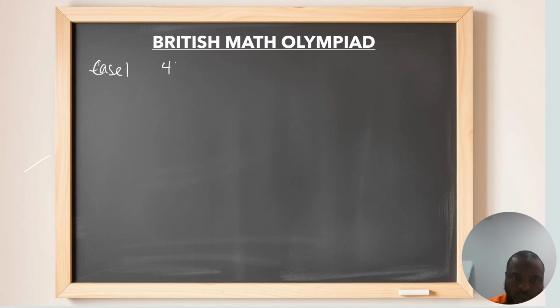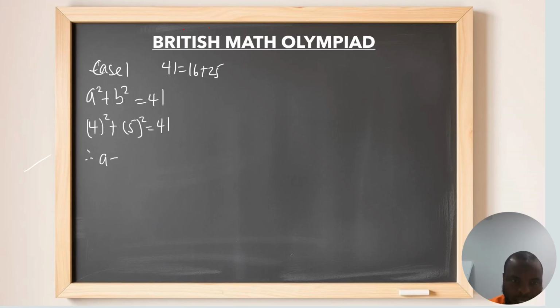Since we have that 41 is the same thing as 16 plus 25, and we don't know which of these two values, and here we have a squared plus b squared equals 41, we can say that a squared is 4 squared and b squared is 5 squared, which gives 41. Therefore, here we can say that a is 4 and b is 5. This is case number 1.